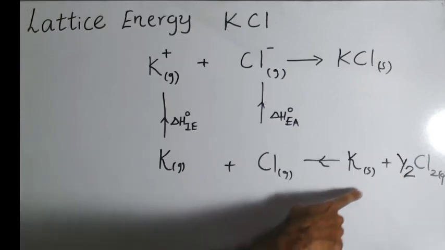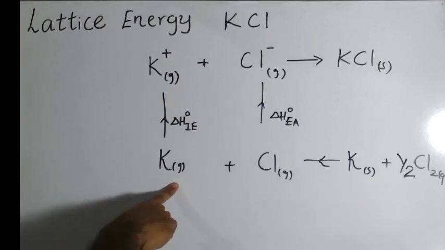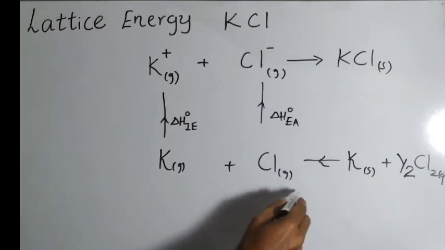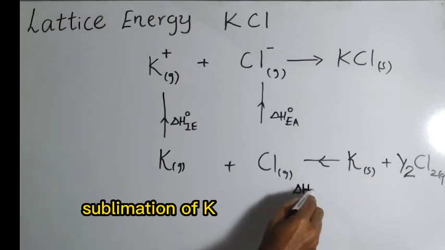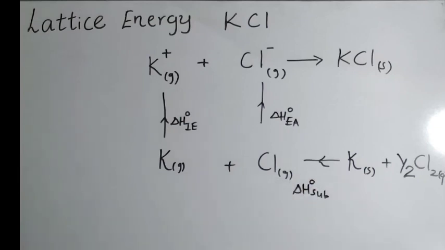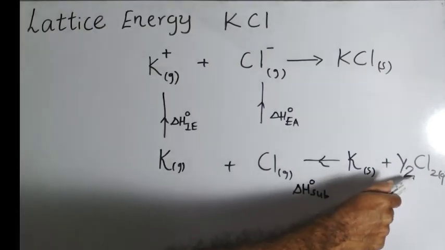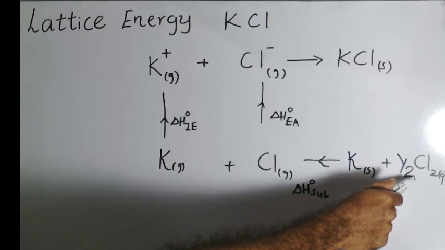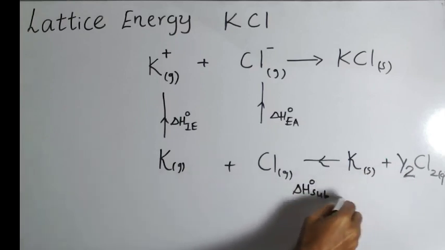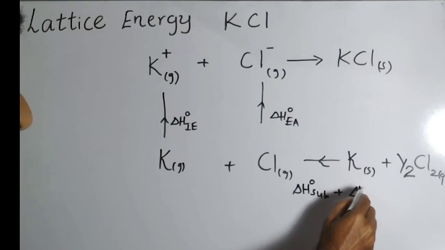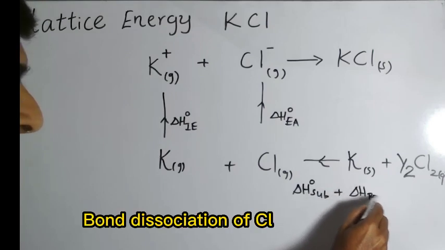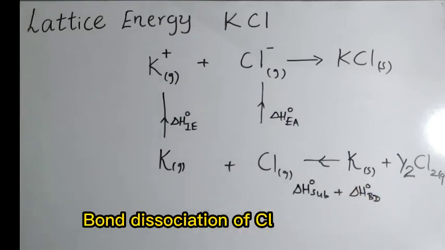Now we can see solid potassium should go to gaseous potassium. It involves sublimation, delta H sub, that is for potassium. And for chlorine, there are 2 atoms in 1 chlorine molecule, so we have to break the chlorine molecule. That means delta H bond dissociation for the chlorine molecule.